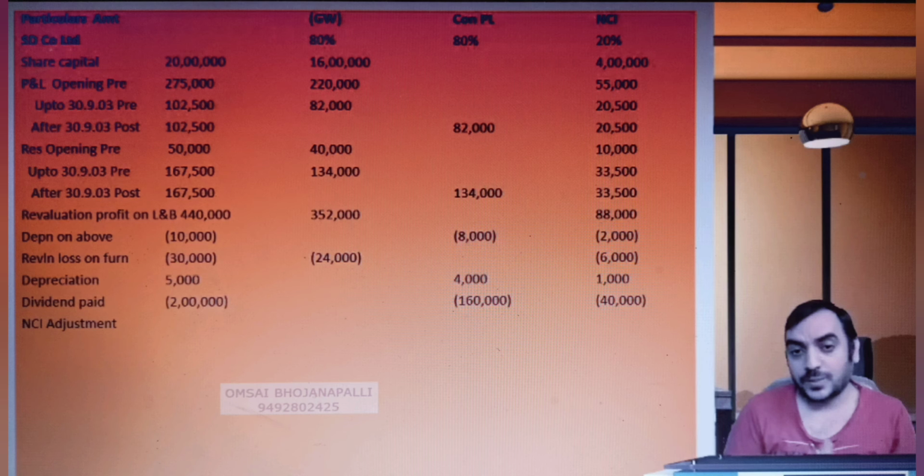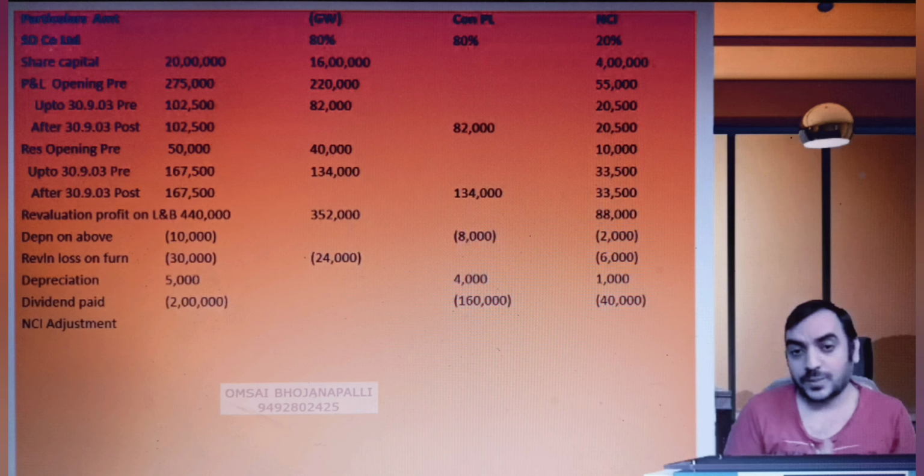In which case journal entry for impairment of goodwill will be what? Con PL account debits, whatever the amount, to goodwill. But we don't do it. We don't do this for exam purpose.